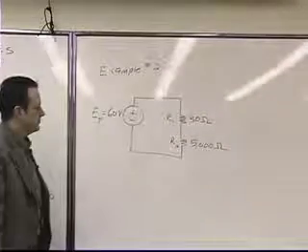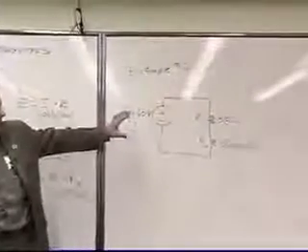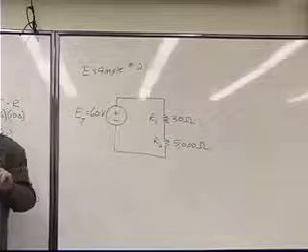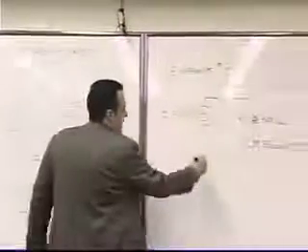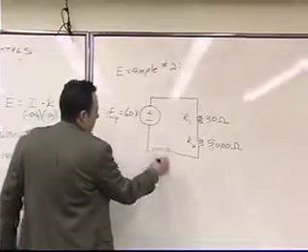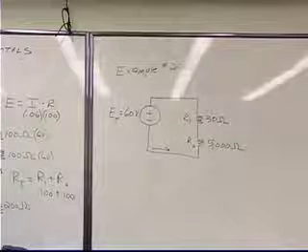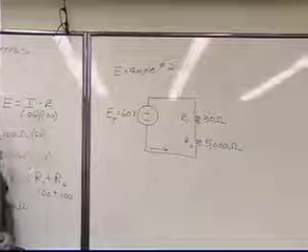5,000 ohms. Okay. Now, in this circuit right here, I want to figure out, number one, how much current that load is drawing.